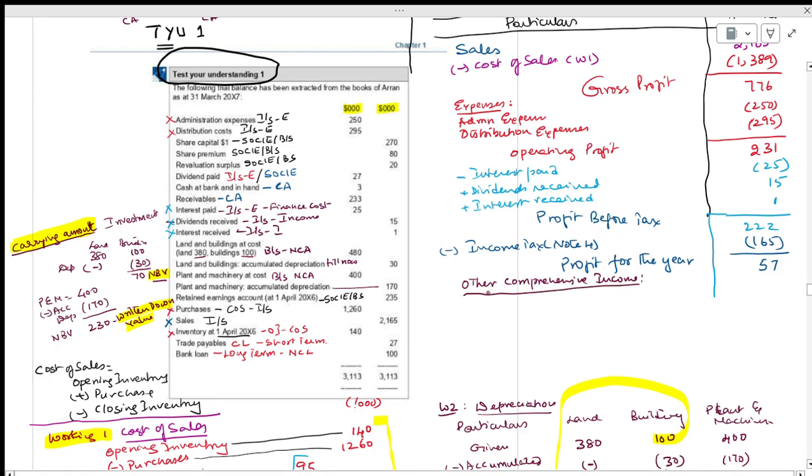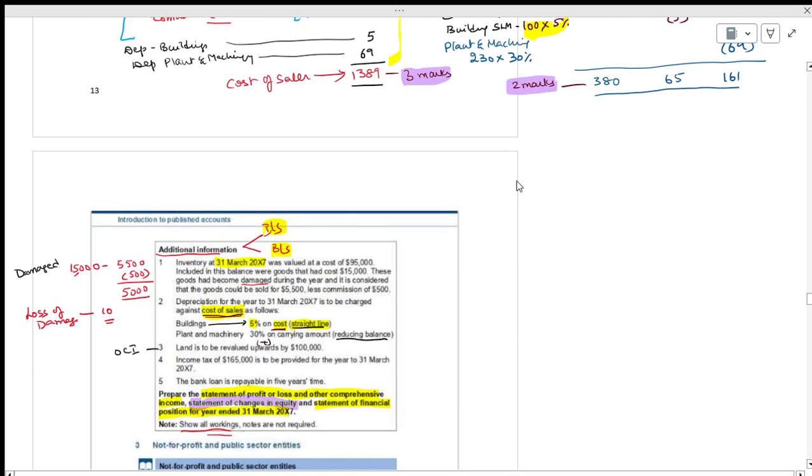We have to see point number 3. Yes, Salim, read point number 3. Land is to be revalued upward by 100,000. 100 means land value is increasing. This is going to be shown in OCI.